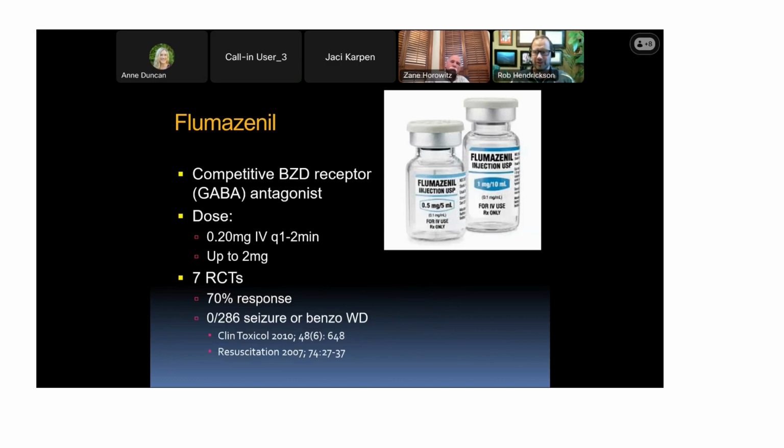The old literature says give 2 milligrams. That I would consider to be the equivalent of naloxone old literature saying give 2 milligrams. We shouldn't be giving 2 milligrams of naloxone for most patients to start, and we shouldn't be giving 2 milligrams of flumazenil to most patients to start.